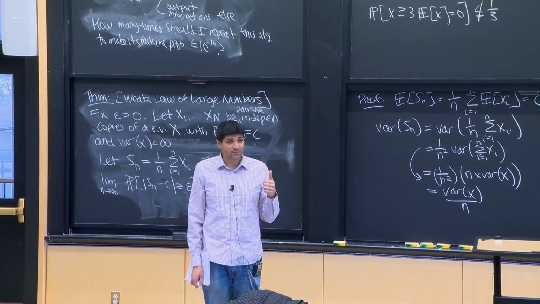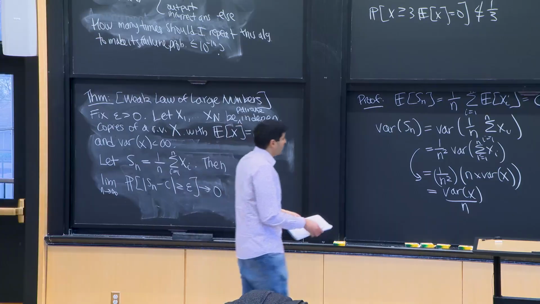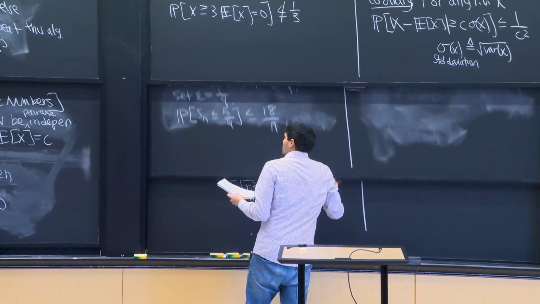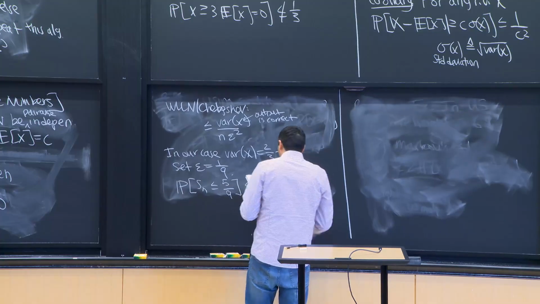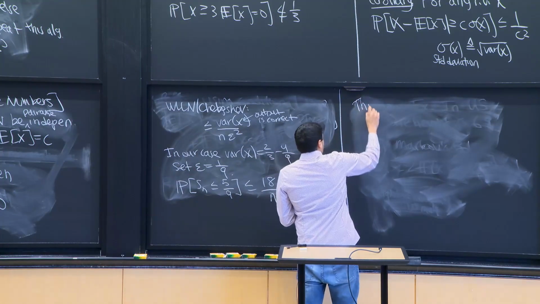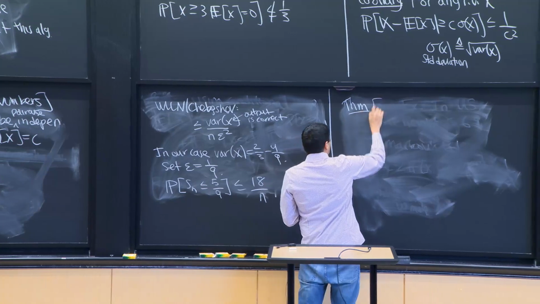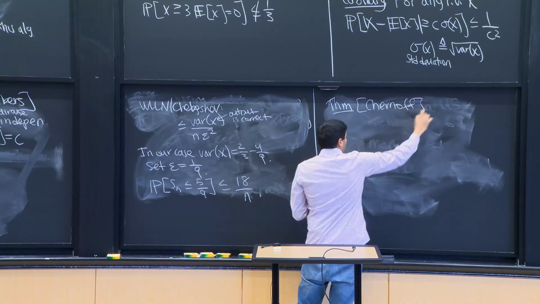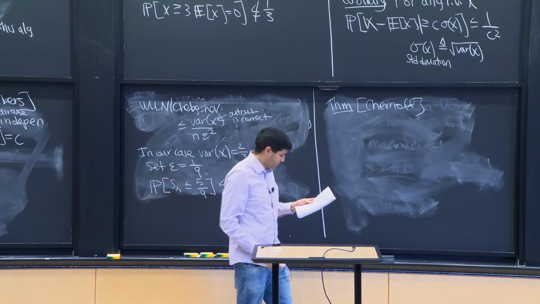Does that make sense? So that's what leads me to the next bound, which is called the Chernoff bound, which is not just going to use pairwise independence, but mutual independence. So let's state the Chernoff bound. This was actually proven at MIT, presumably in this building even, which is cool.